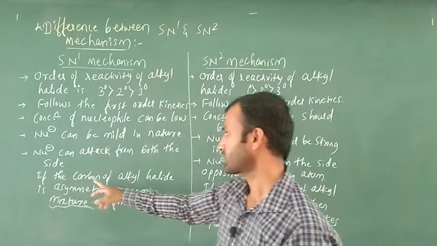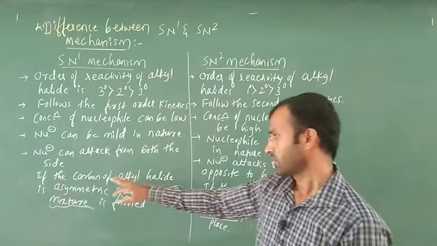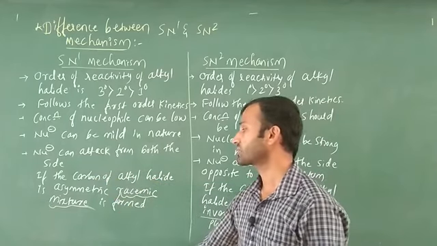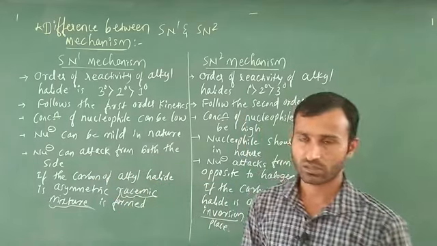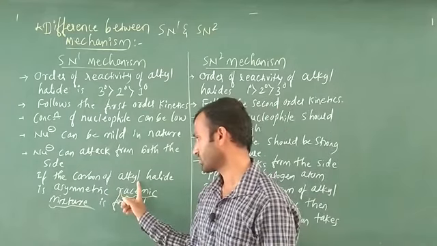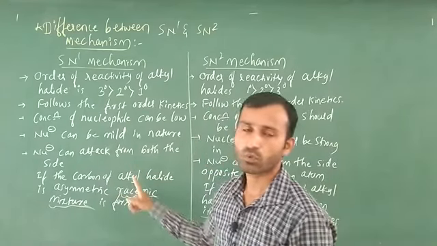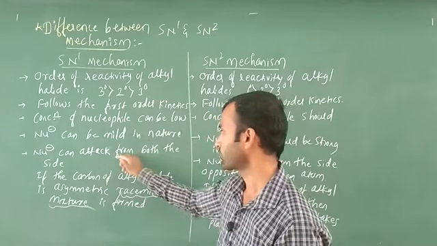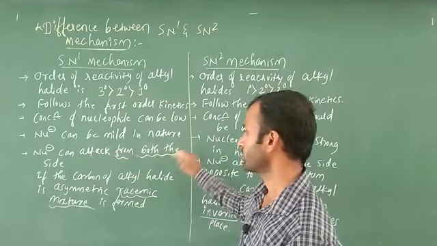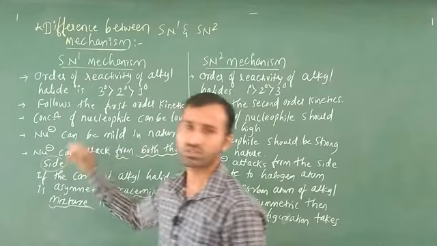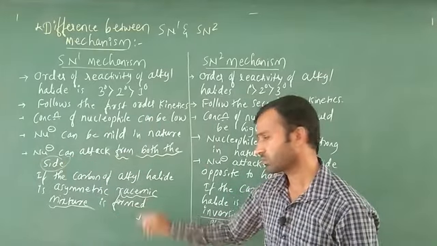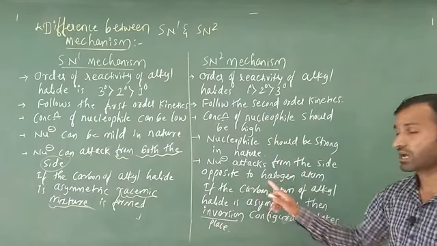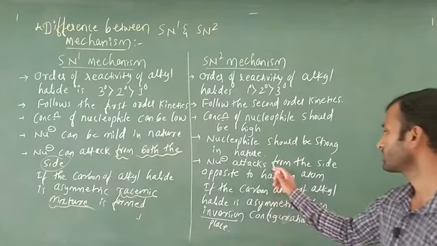Okay. Next, if the carbon atom of the alkyl halide is asymmetric, a racemic mixture forms. Just now I told you what a racemic mixture is. In SN1 there is a formation of a racemic mixture, because the nucleophile can attack from both sides, most important. But in SN2, the nucleophile attacks from the side opposite to the halogen atom.